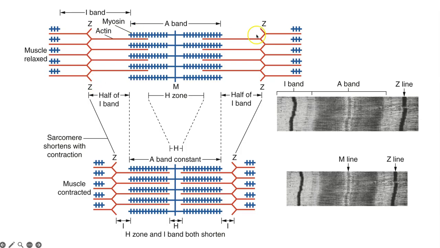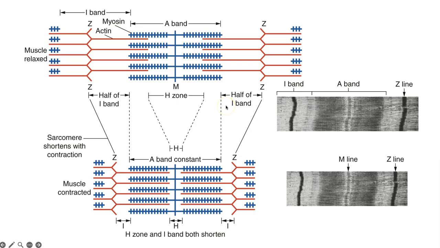The Z lines are the start and end point of one sarcomere. The I band is where you just have actin and it is not overlapping with the myosin at that point. We have our H zone as well. The H zone is where you just have myosin with no actin overlapping it. So those are the key structures that you need to know.